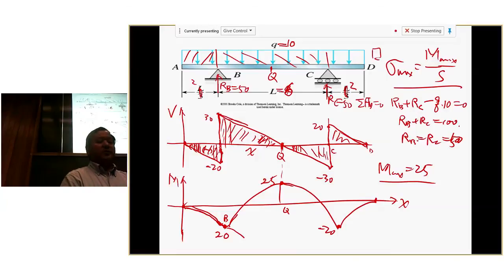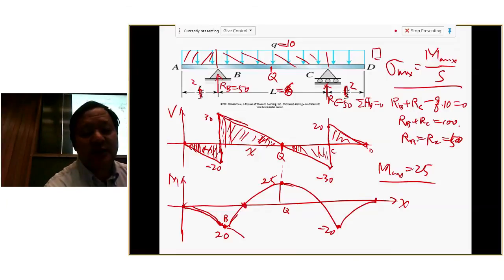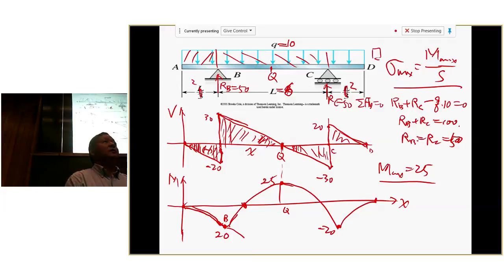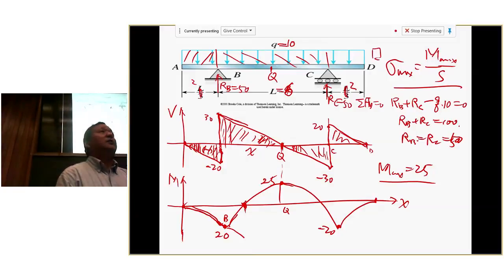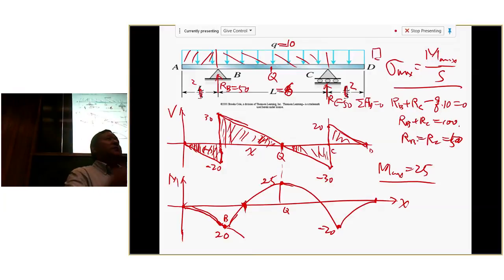Where M is 0. Okay, so does this mean anything where M is 0? For safety, it doesn't matter, right? Okay, now what's this point? What does it mean? M is 0 here. That means at that location there's no bending. So that part of the beam, no bending.